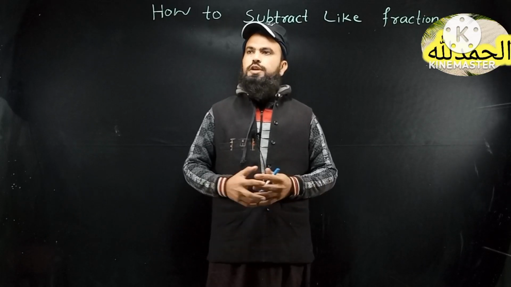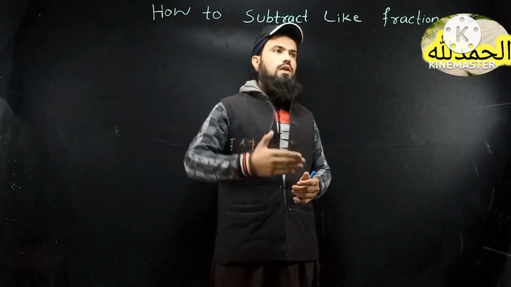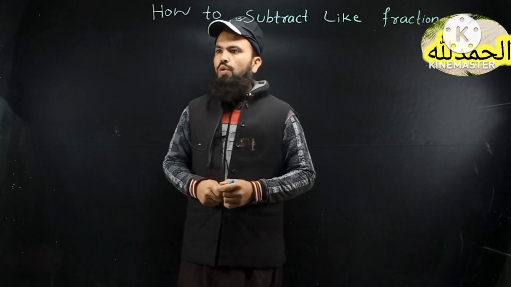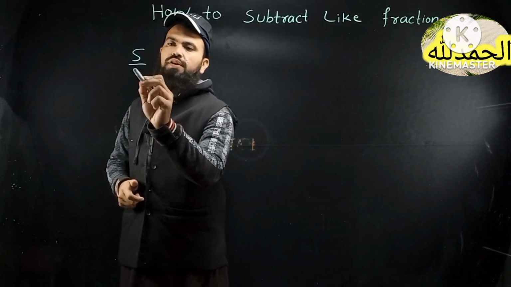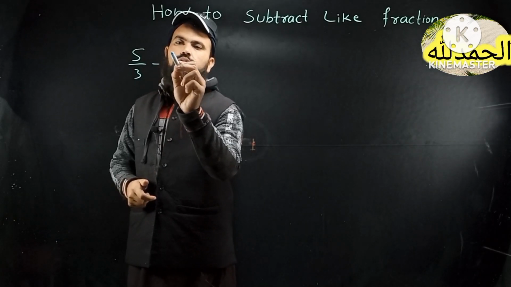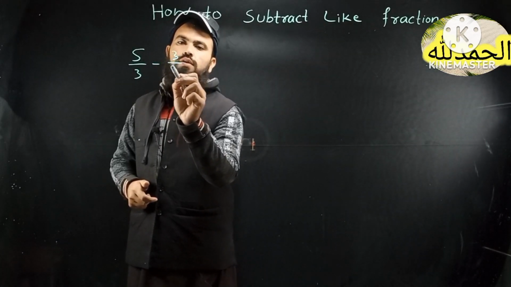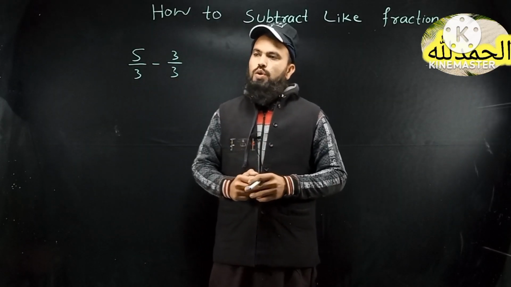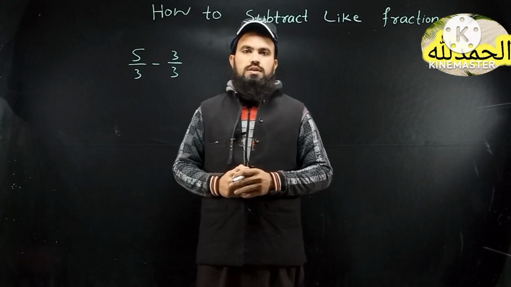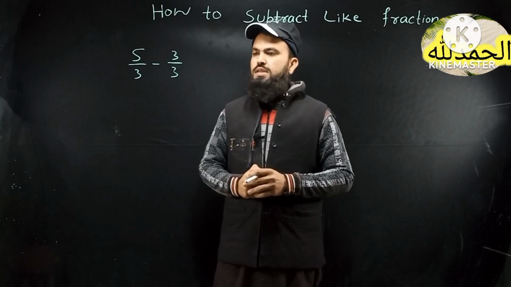Hello friends, today our topic is how to subtract like fractions. So we write like fractions, for example 5 over 3 and 3 over 3. How to subtract these fractions? Like fraction subtraction is a very simple process.